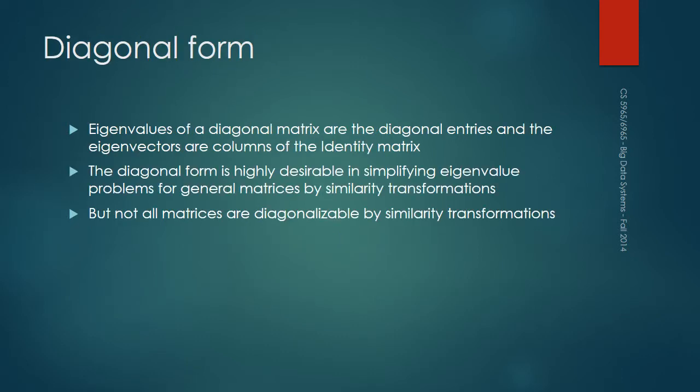So now let's look at cases where it's easy to compute the eigenvalues and the eigenvectors. The easiest is the diagonal form. So if you have a diagonal matrix, what are the eigenvalues? The diagonal entries, right? What are the eigenvectors? It's there on the slide, but yes, it's just the columns of the identity matrix.